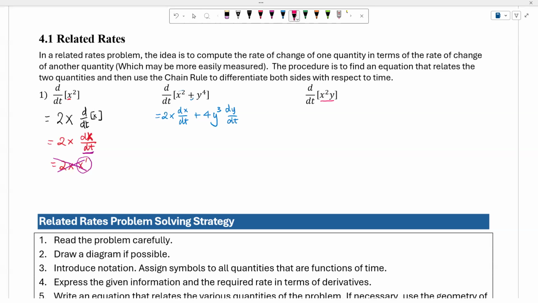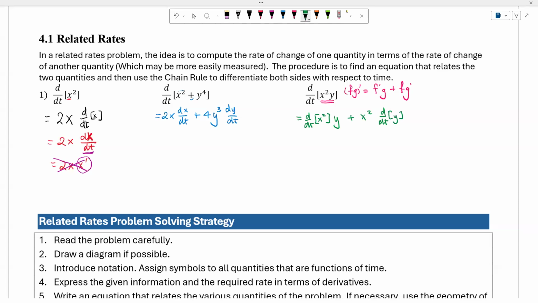Then be careful about this one. This one will be x squared times y, which is a product rule. If you remember, the product rule is f prime g plus f g prime. So let's see how we take care of this. Now I would like to take the derivative of x squared with respect to t times y, plus x squared times the derivative with respect to t of y.